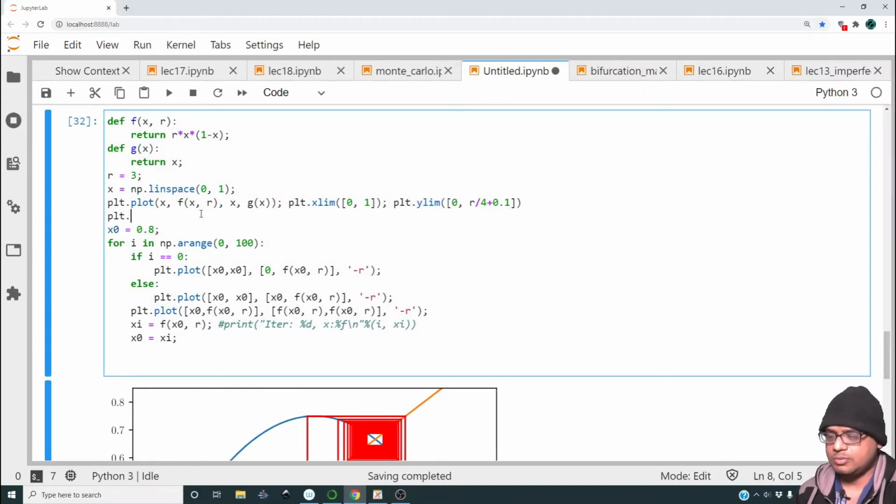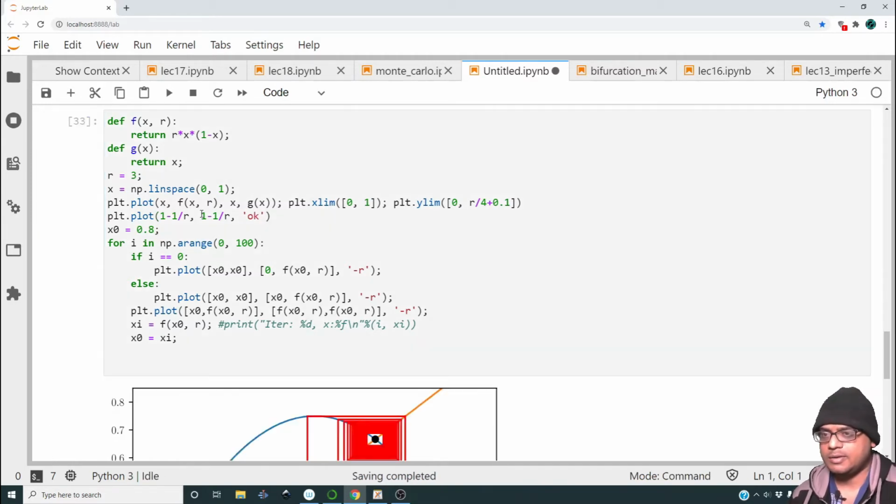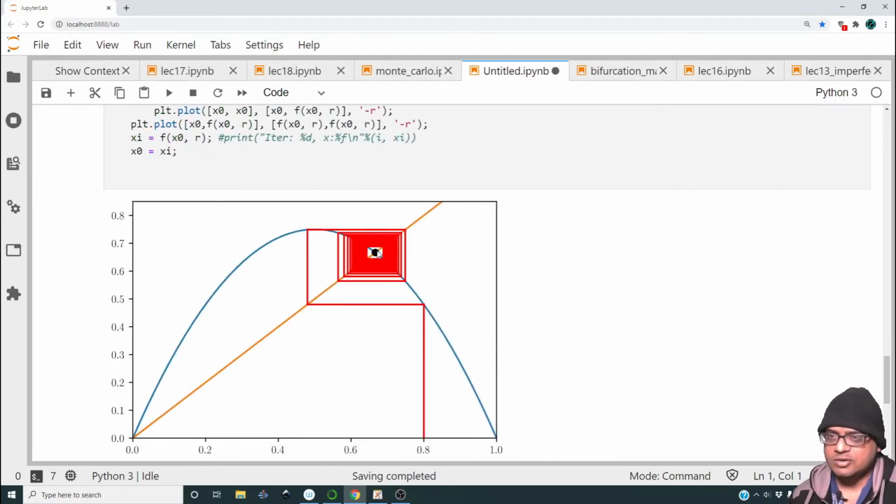So plt dot plot 1 minus 1 upon r, right? And the 1 minus 1 upon r. Let us mark it with a black marker. So this point is the root.